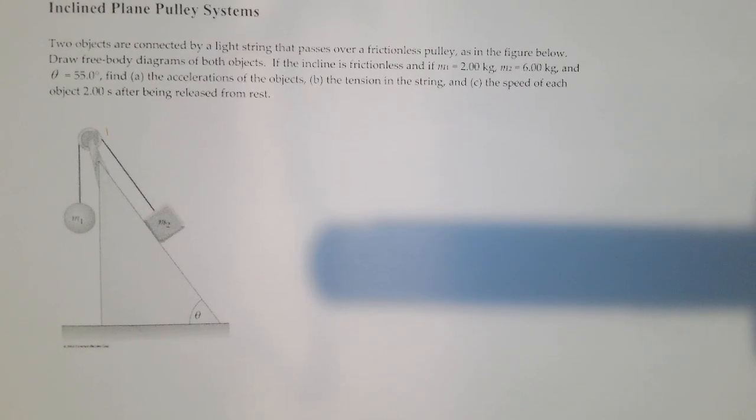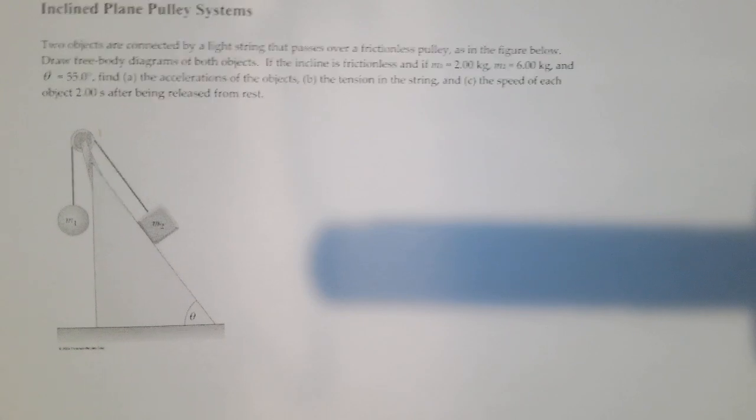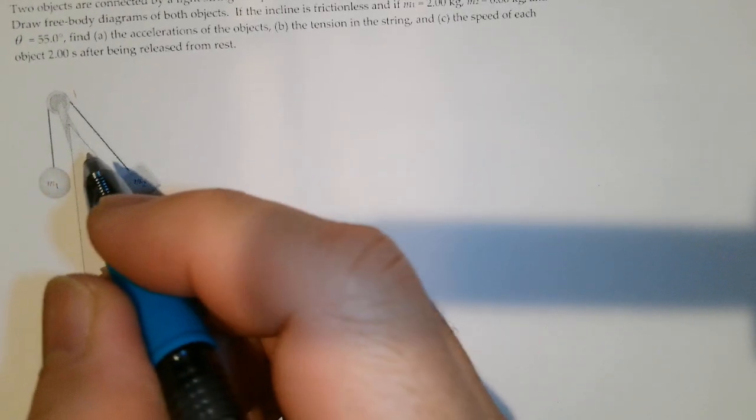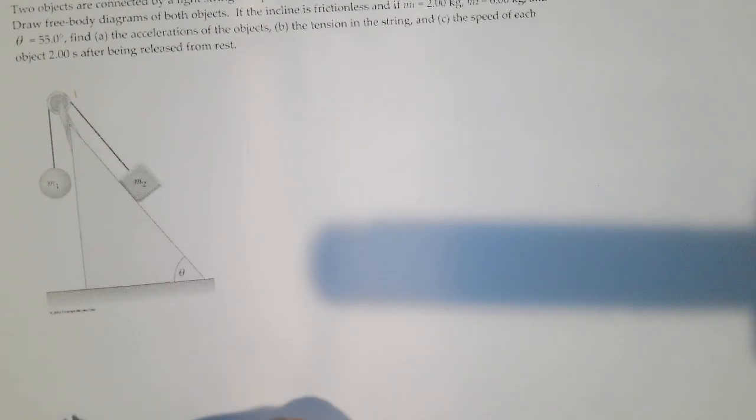We have to analytically work this out. So the first thing you need to do is draw a free body diagram. So let's do that first. Which color should we use? I'm going to use this M1. Let's look at the free body diagram of this.